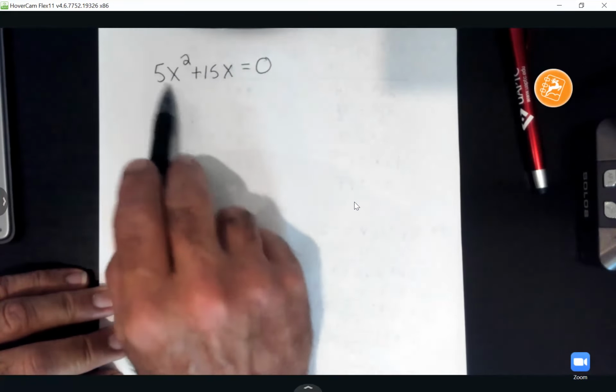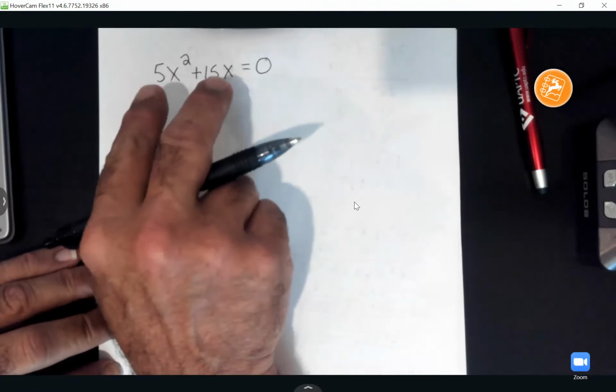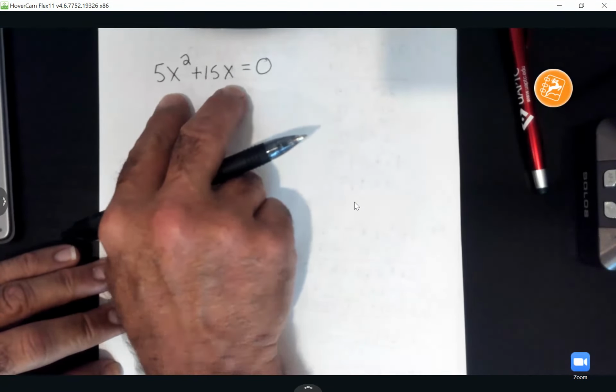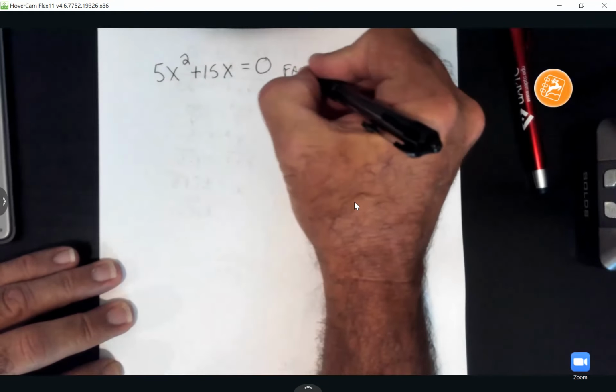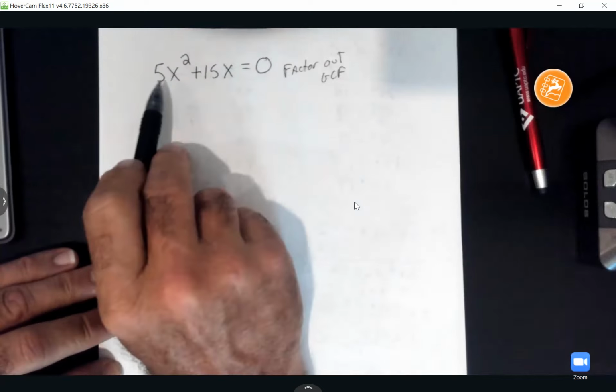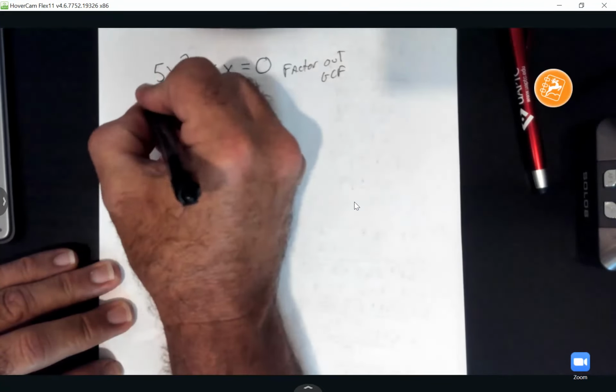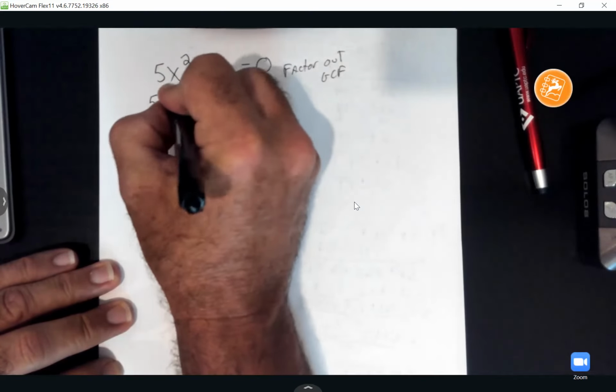So when I got two terms like this, and they're both got x's in them, the way I solve this is by factoring out a greatest common factor. So the greatest common factor between a 5x squared and a 15x would be a 5x.